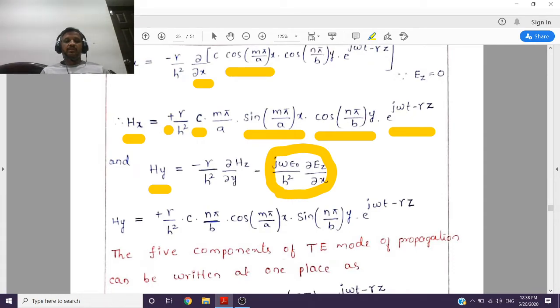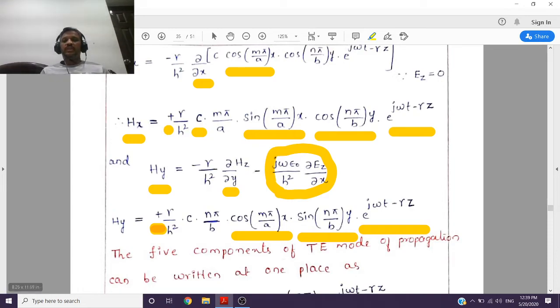So that minus here will become plus because differentiation of cos will give minus sine, and cos of m pi by a into x will be as it is, a constant because differentiation is with respect to y. That cos of n pi by b into y will become minus sine of n pi by b into y. That minus into minus will be plus here, into e power j omega t into e power minus gamma z. So this is the expression for hy.